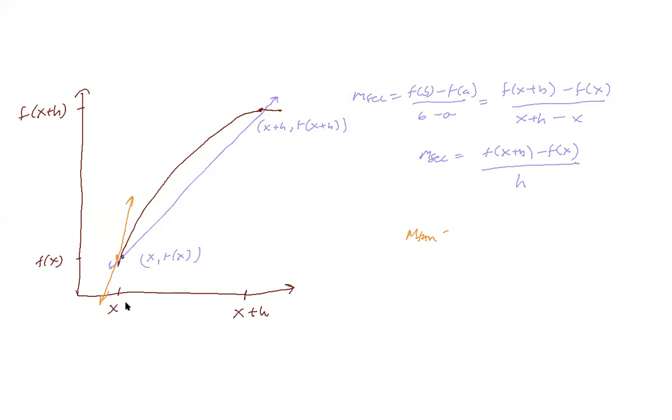What we care to do in this circumstance is to eliminate the distance h. Notice that to get from x to x plus h, I have to add h on, that amount of distance. And so ideally, in order to get the best approximation, remember we're getting closer and closer and closer, I want to eliminate all this distance h. In other words, I want h to be essentially approaching 0.